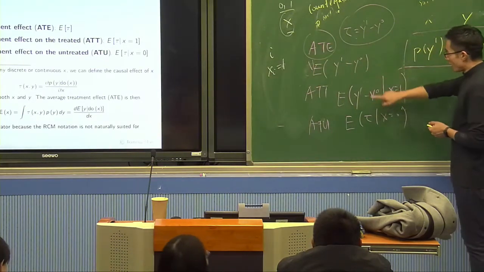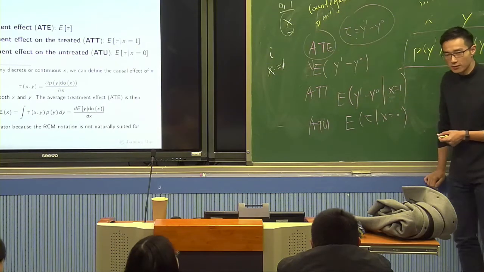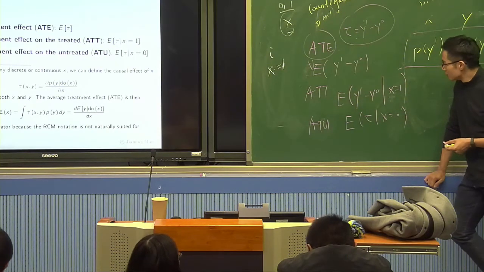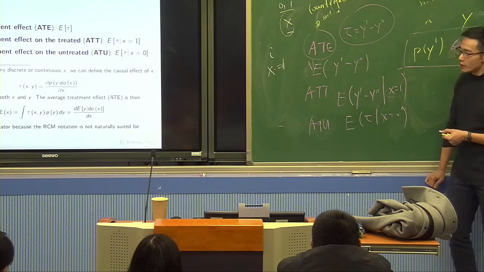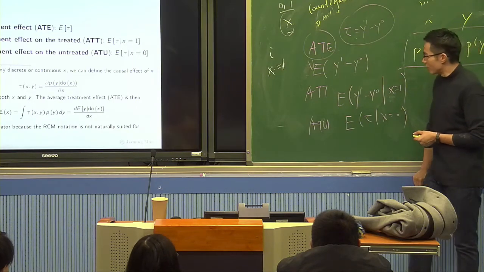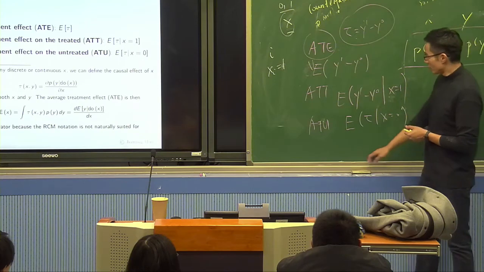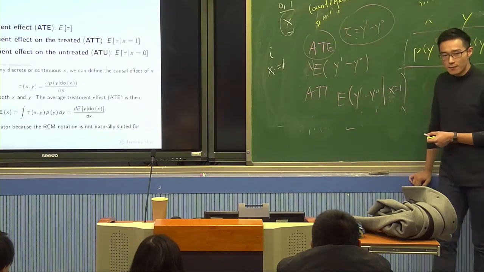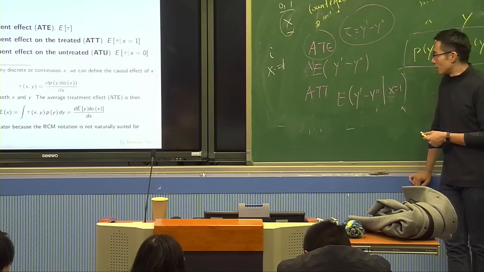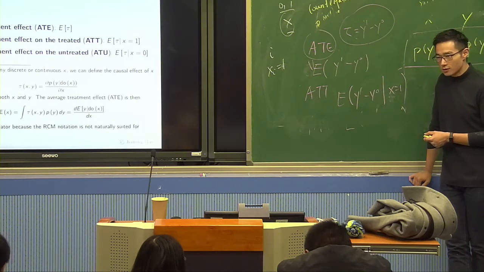By the way, why are they different? Why are they not the same thing? So in what situation is the ATE different from the ATT? You don't have to look at the ATU. Between ATT and ATE, in what situation are they different? Sorry?